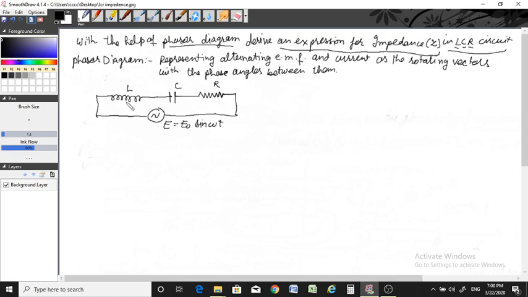This is the series circuit of LCR. Now let the potential across inductor be VL, potential across capacitor be VC, and potential across resistor be VR.